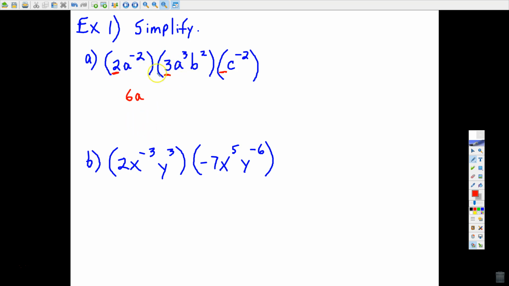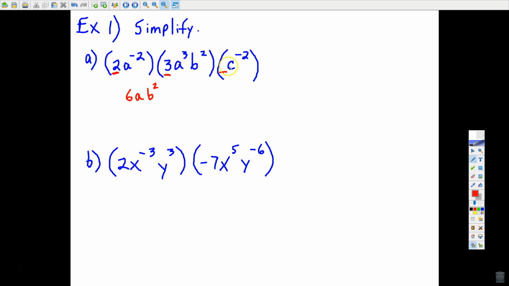So -2 plus 3 is 1, and we don't typically write exponent 1. It's always understood that if a variable or a number does not have an exponent showing, it's understood to be exponent 1. There are no other b terms to multiply by, so I'm just going to include b to the second in my answer.